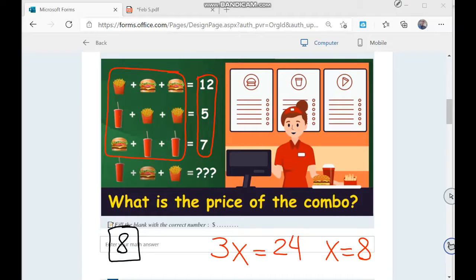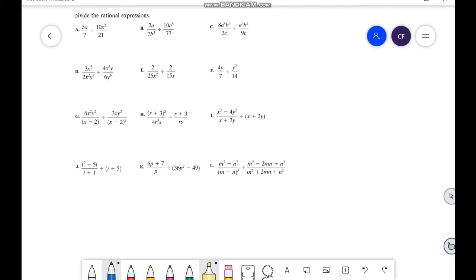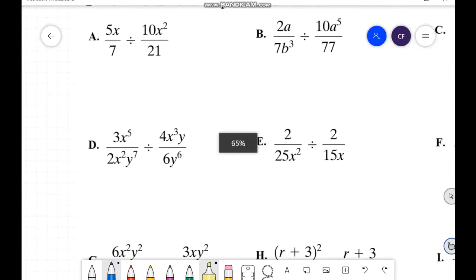And the total price 24. So divide 24 by 3, and you find the price of the combo, $8. And let's move now to our quiz. This is kind of just to warm up. It's a game to warm up, to get ready. So now we can work on our quiz.